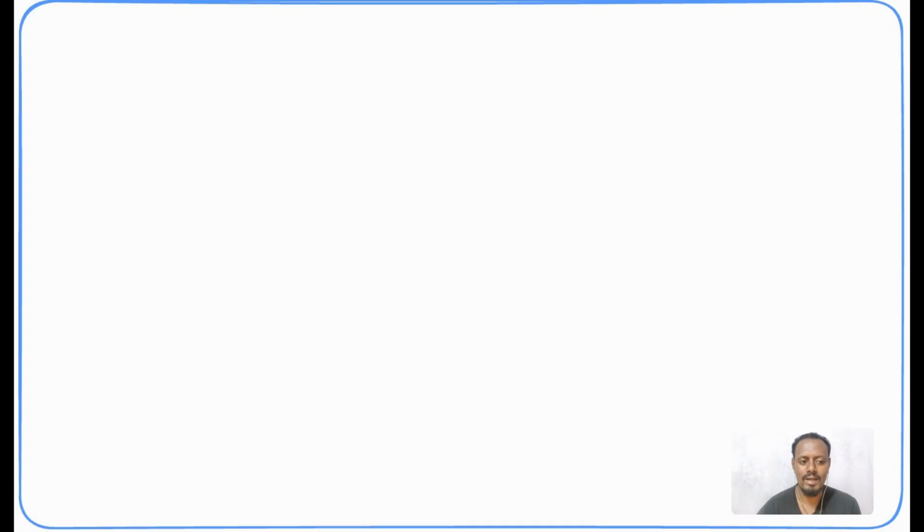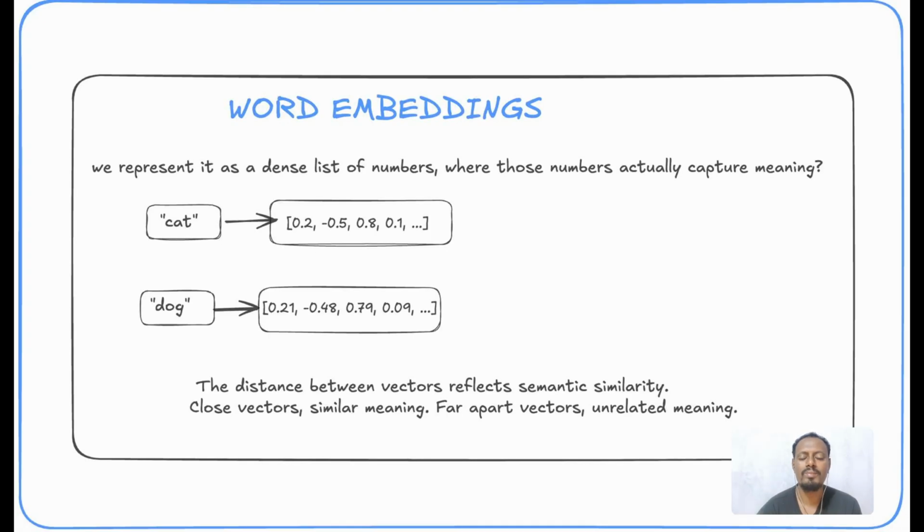Here's the core idea. What if, instead of representing a word as a single arbitrary number or a long sparse list of zeros, we represent it as a dense list of numbers, where those numbers actually capture meaning? Like, what if cat was represented as this, and dog as this, and you notice those are really similar?